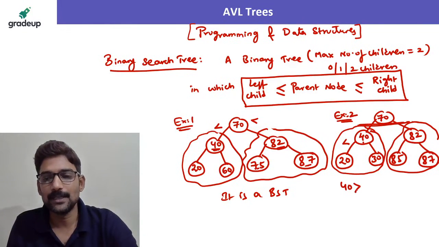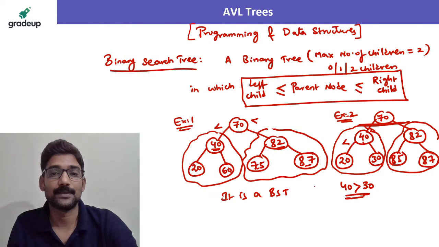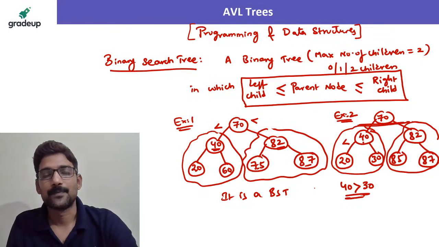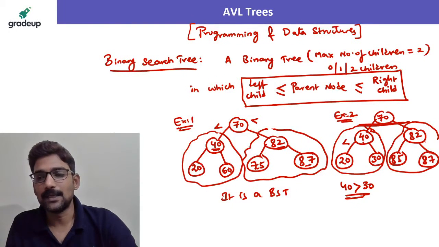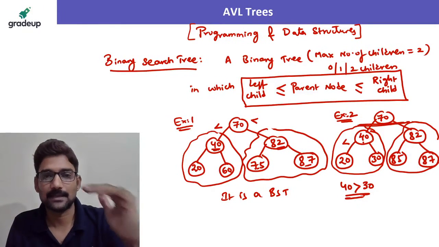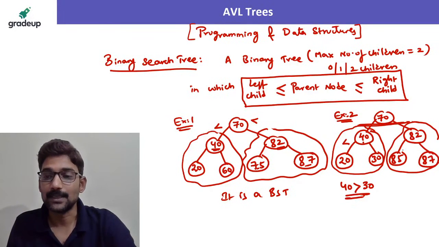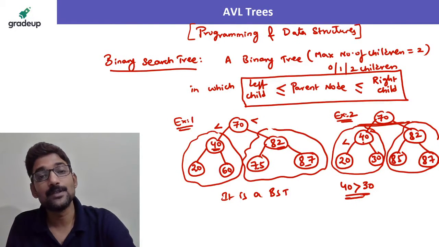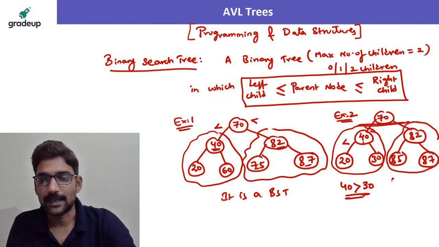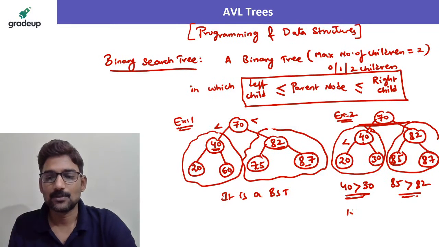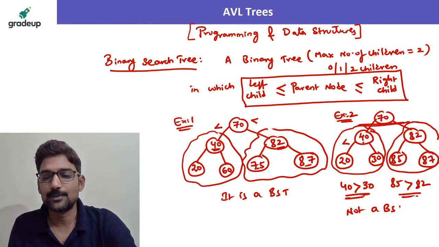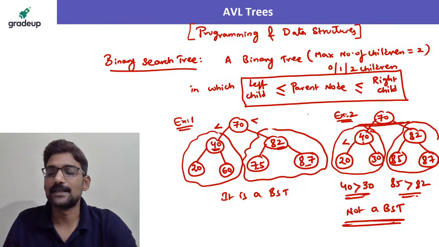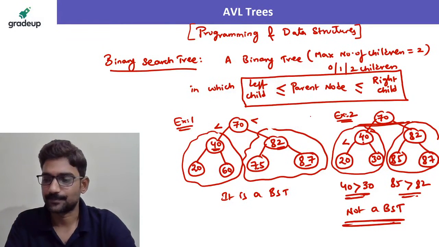No. 40 should be less than 30. Similarly, at 70, 82, 85, 87 are greater. At 70, the property is satisfied. But 82's left should be smaller than 82, but 85 is greater than 82. So here it is not satisfied. So guys, at every level it should be satisfied. So the second example is not a binary search tree.